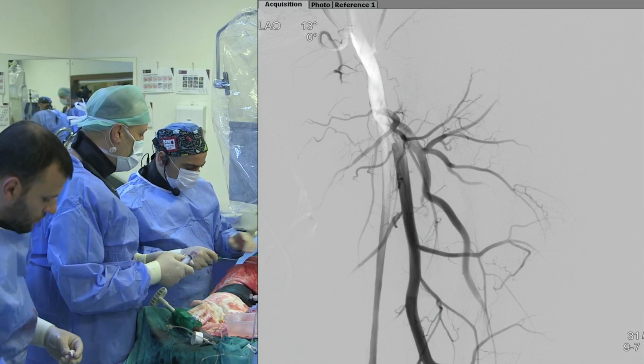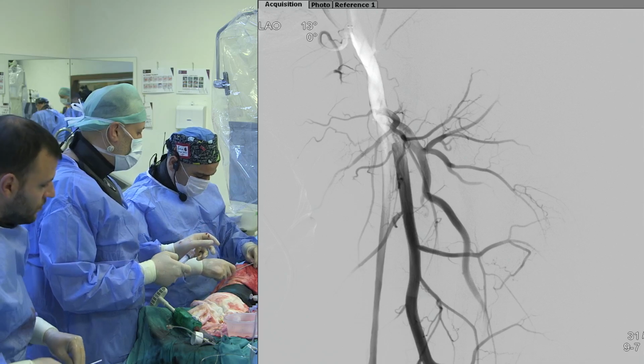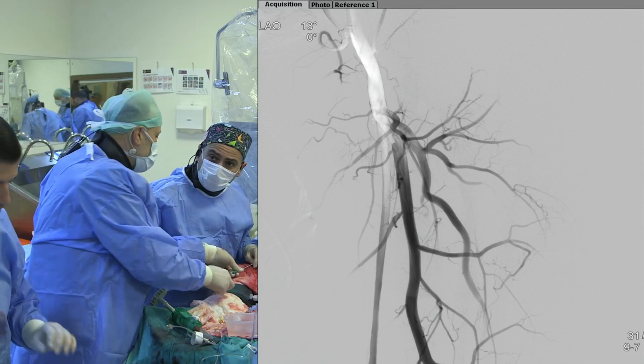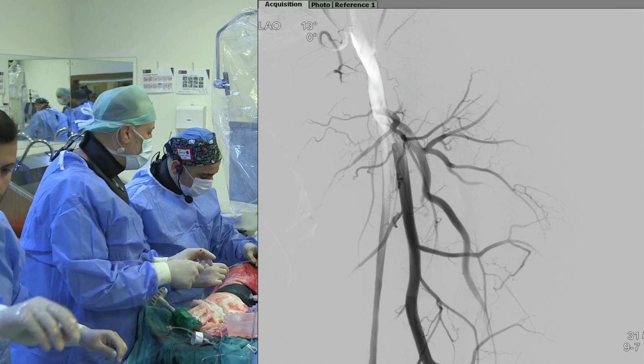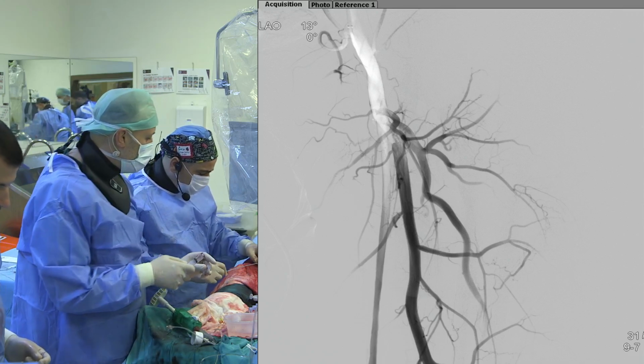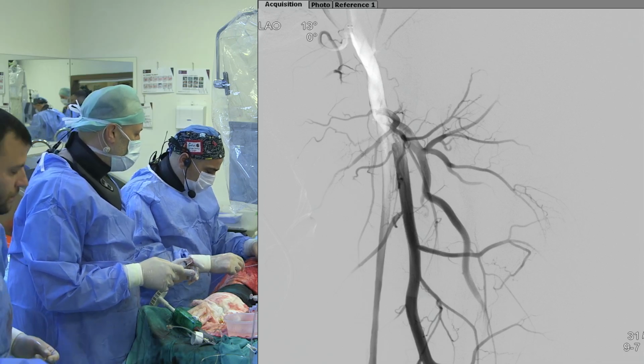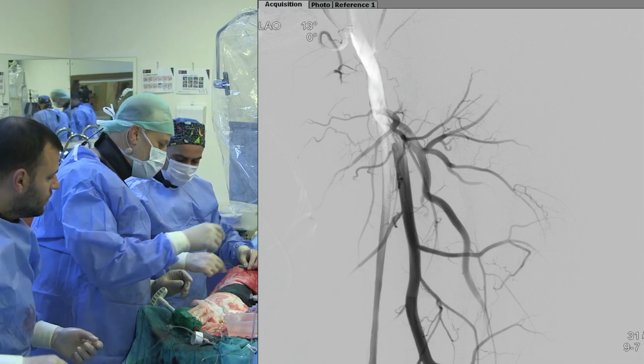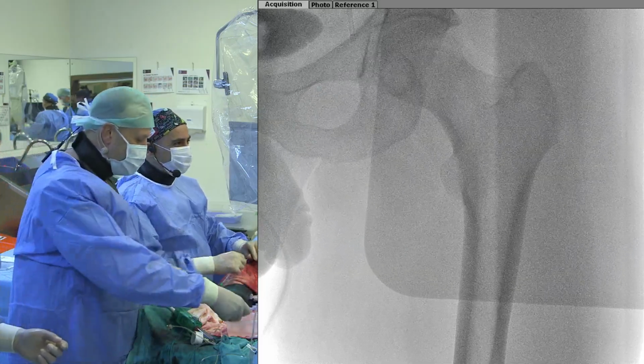As you can see, although it is very late, there's a distal filling of DPA and tibialis posterior artery. If we fail, we can have retrograde micropuncture and continue with that route.